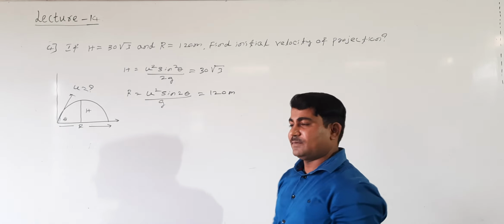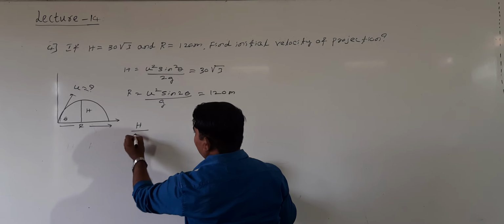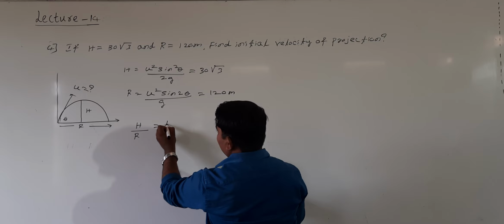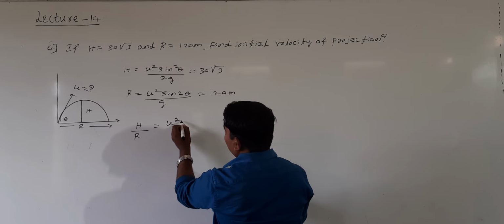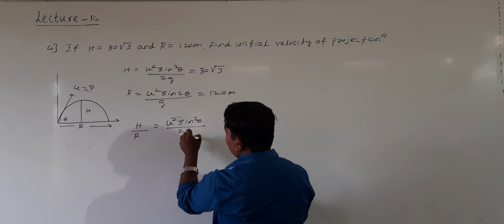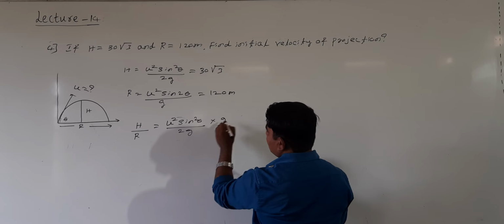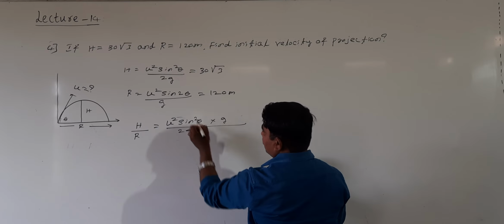What value will it be? See here, go for the solution. h divided by r. h means how much? U square sin square theta whole divided by 2g. r means directly, shall I make it g divided by how much?